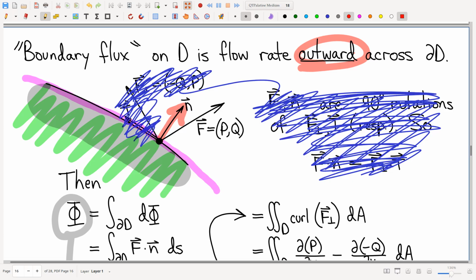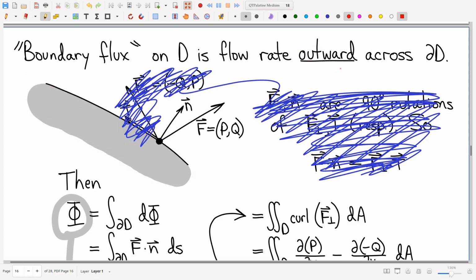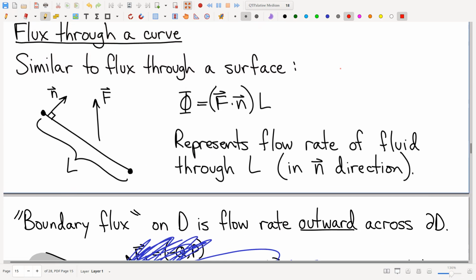Okay, so how would I compute the flux through the entire boundary? Well, okay, problem. What do we know about computing flux? I only know how to do it if I have a straight line segment, and I also only know how to do it if my vector field is constant. That's all this is good for: constant vector field, straight piece of curve.